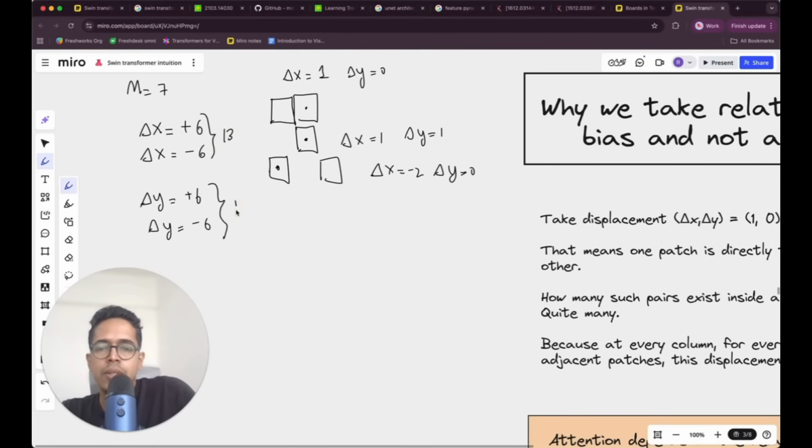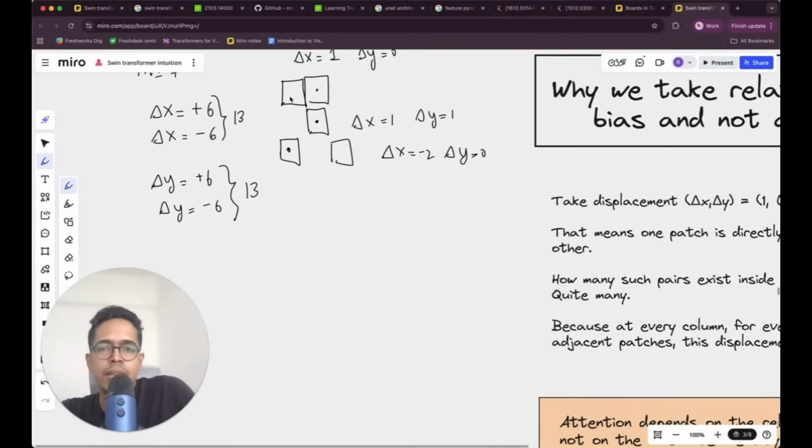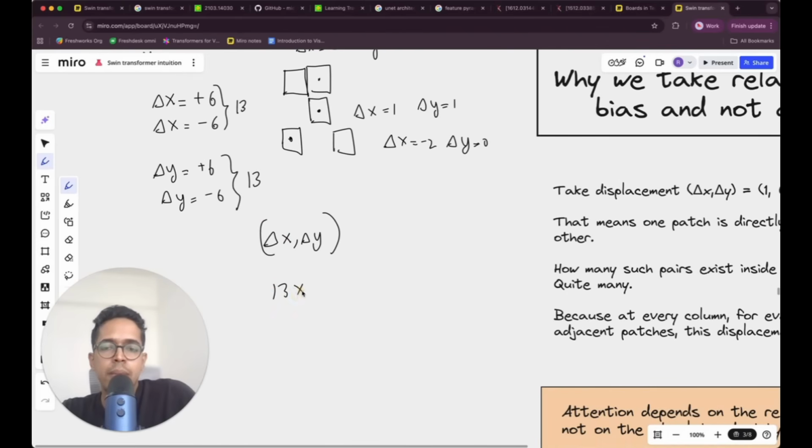This is also a set of 13 numbers ranging from minus 6 to plus 6. So if you look at the relative offset between two different patches within a window, and you describe that offset by a delta x, delta y pair, how many such unique pairs can you construct? You can construct 13 by 13 equal to 169 pairs. 13 because delta x can be 13 unique values, delta y also can be 13 unique values.